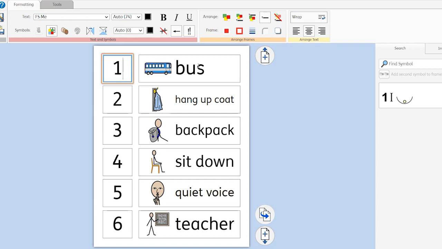First thing they do is arrive on the bus. Second, they hang up their coat, put away their backpack, sit down, have a quiet voice, and then we start class. These are printed and either laminated and put in their workbook or maybe taped to their station. It just depends on the student's needs.